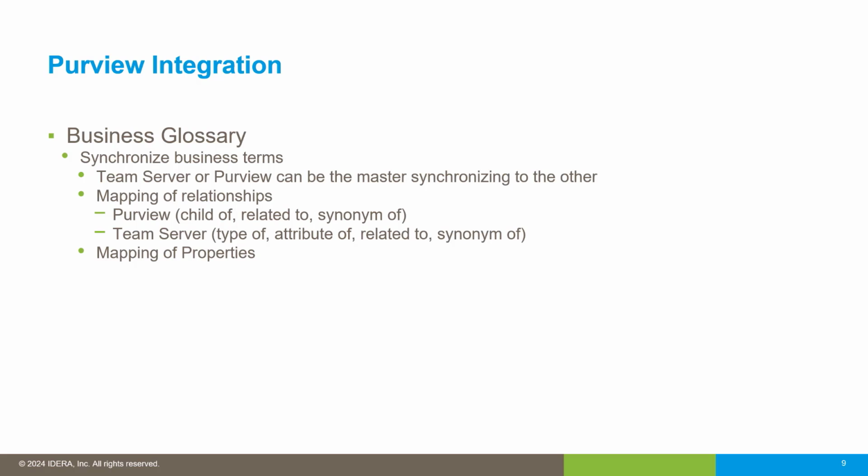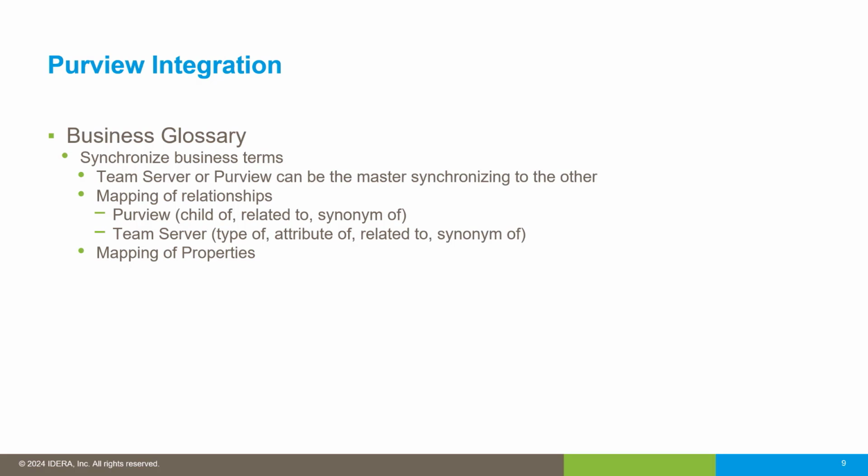So let's go through the different features of our Purview integration. With a business glossary, we can synchronize the business terms between the two tools. So either Team Server or Purview can be the master. You can sync one from the other. The relationships between the terms, so Purview has got its own meta model of relationships, child of, related to, synonym of, and Team Server has its list of relationship types, type of, attribute of, etc. And we've mapped the two together so that when you push glossaries from one to the other, then the semantic meaning of those relationships is preserved.